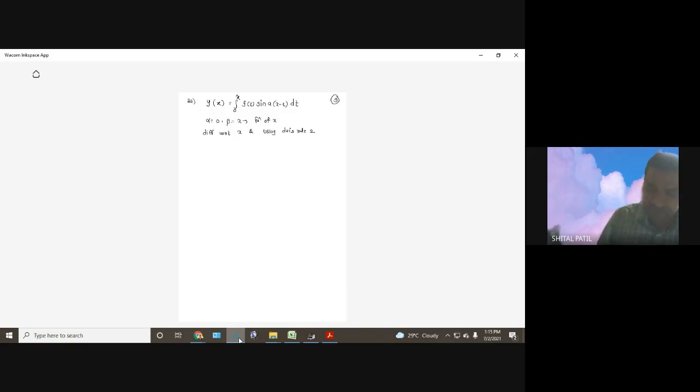So y is function of x. Replace t by x. Minus, t is to be replaced by 0.